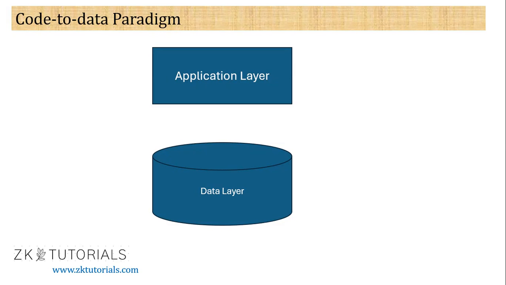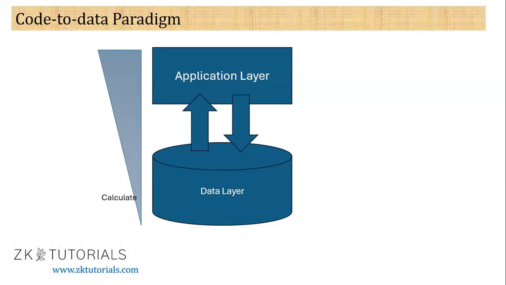So in traditional programming, developers were encouraged to keep loads away from the database. How did the process happen in traditional databases? In the traditional programming approach, the developer keeps loads away from the database layer. All the calculations are done at the application layer.